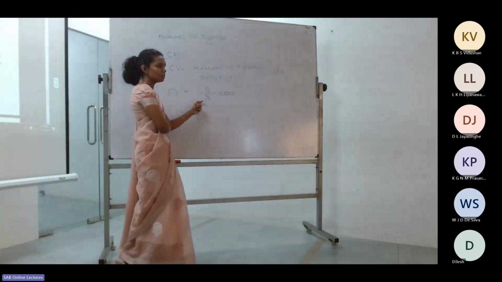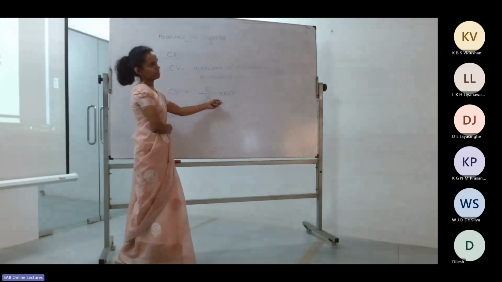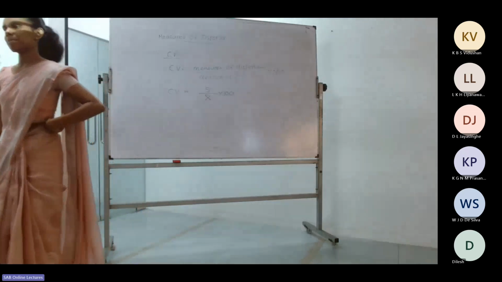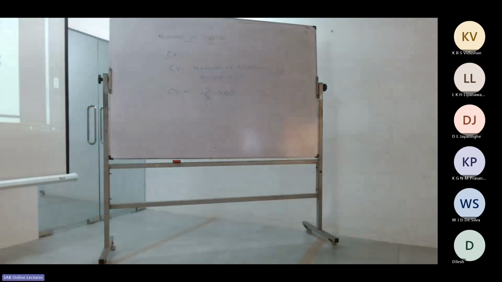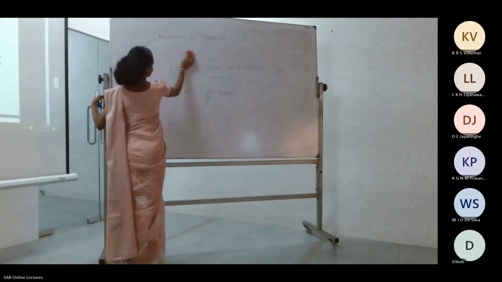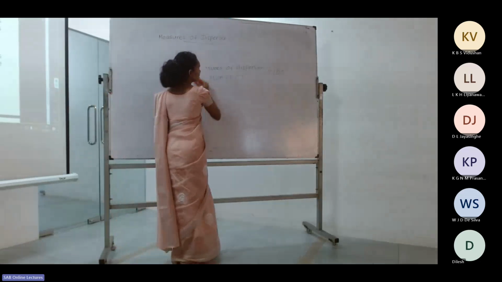Standard deviation divided by X bar, multiplied by 100. Is it clear? Then we move on to how to interpret the CV value.